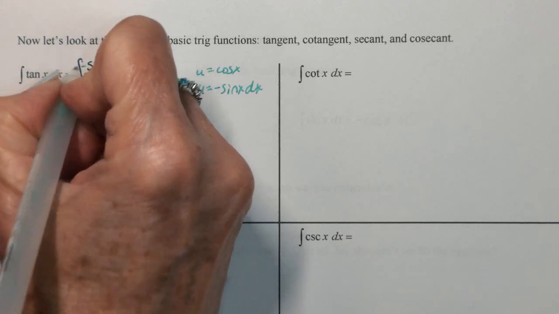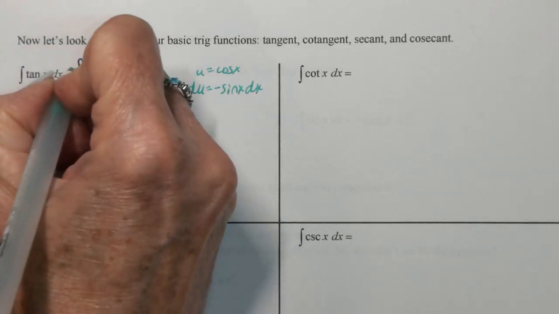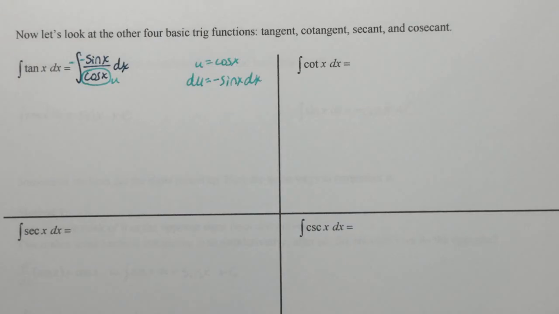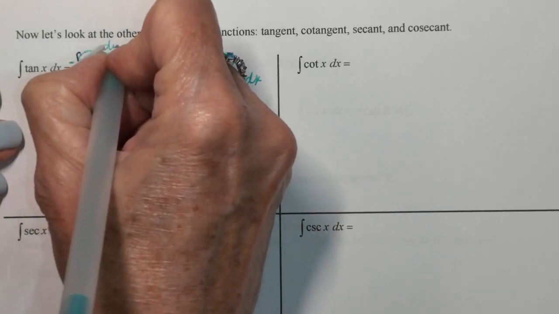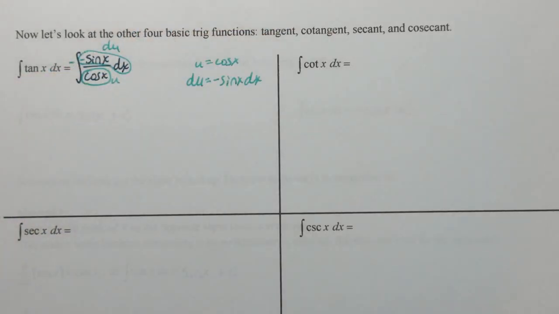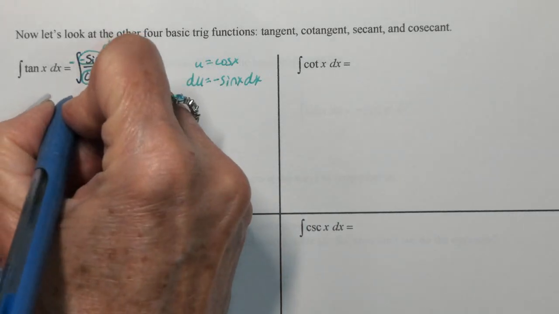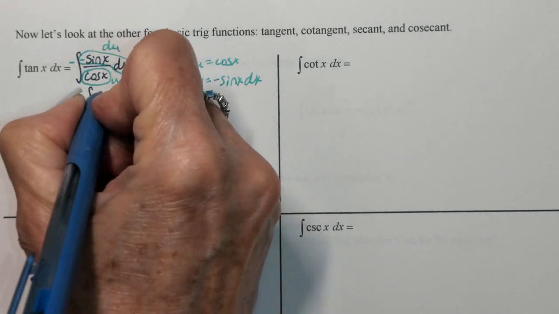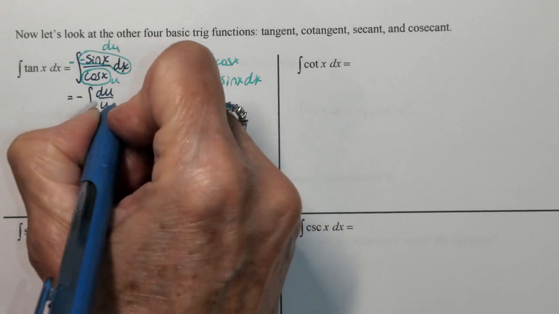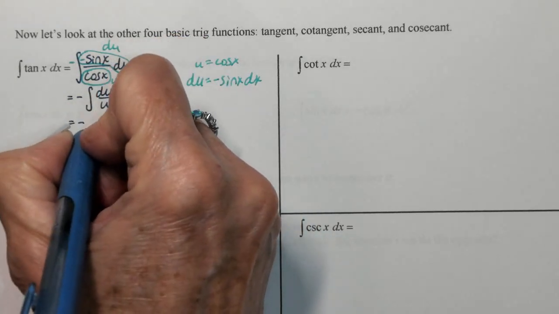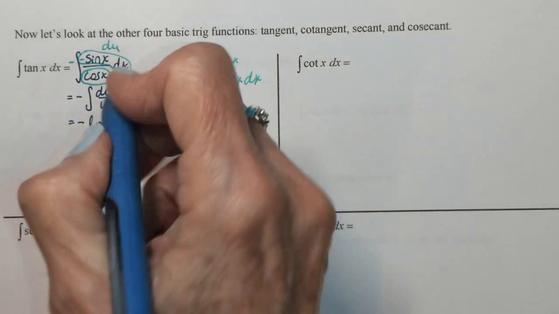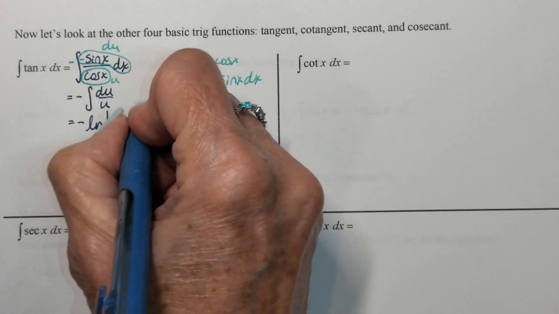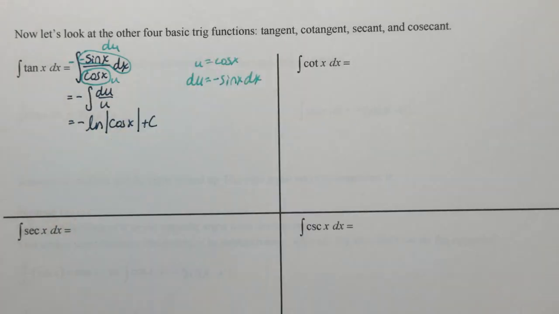So I do need a negative with the sine. So I'm going to pull out a negative on the outside so that they are the same. And now I have du on top. So I have du over u, right? So this is negative integral du over u, which is negative ln absolute value of u, but u was cosine of x, plus c, and we're done.